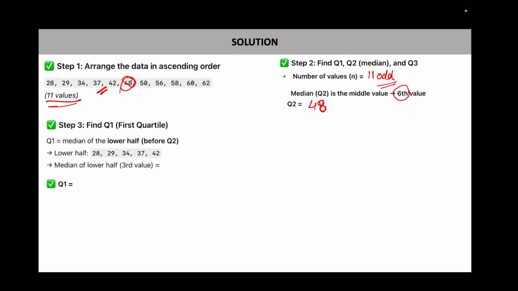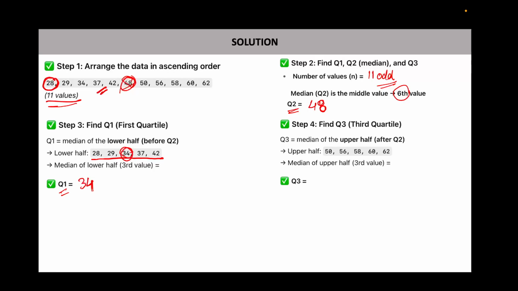So when you have arranged the data, your minimum value was 28 and your median value was 48. The center of this range will be your first quartile. The center will be the third value, which is 34. So in this case, the Q1 will be 34. Now we have a Q2 value and we have a Q1 value.